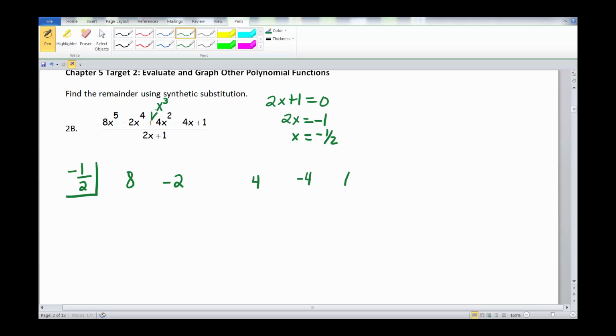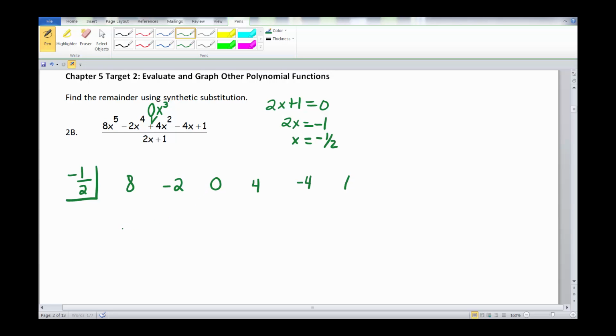It's just that the coefficient for that x cubed is 0, because 0 times the x cubed would still be 0, so you would not change this original polynomial. But for the purposes of our synthetic substitution, you do have to include that coefficient of 0, because it definitely will affect your answer. We're going to leave ourselves some space and draw a bar.